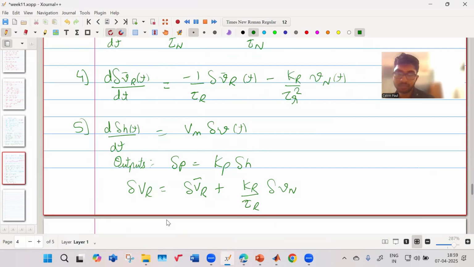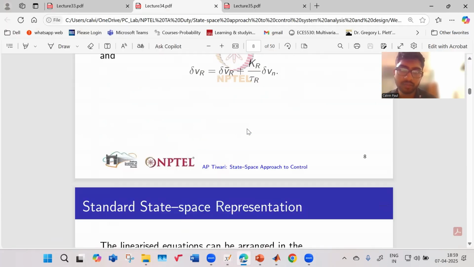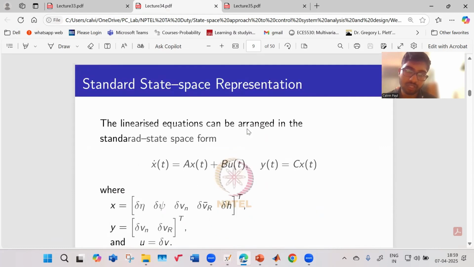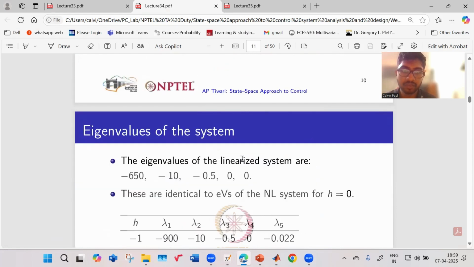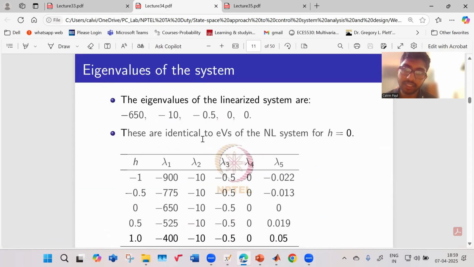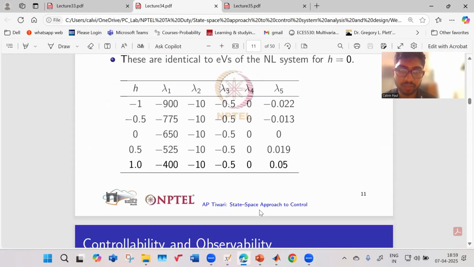So this is the output. It is given in this form. So the linearized equations are arranged like this, and we get the corresponding ABC matrices. These are the eigenvalues of the linearized system around these particular operating points.